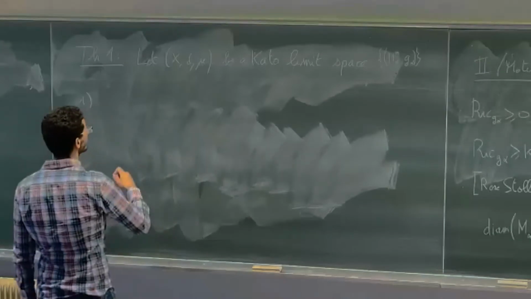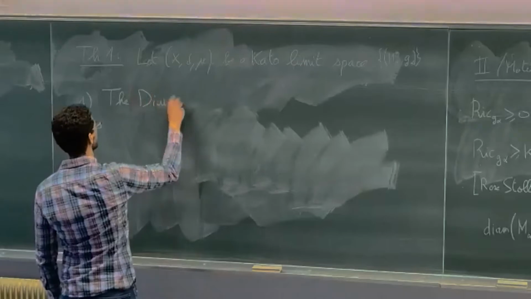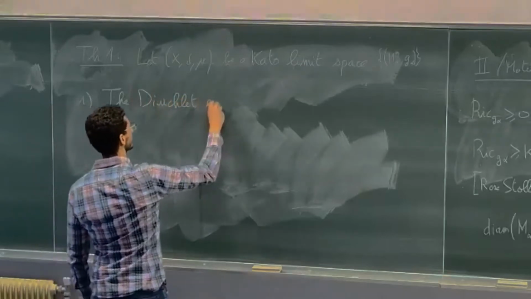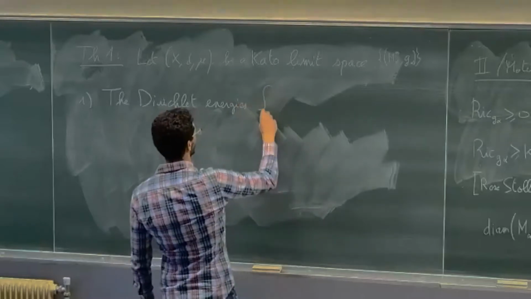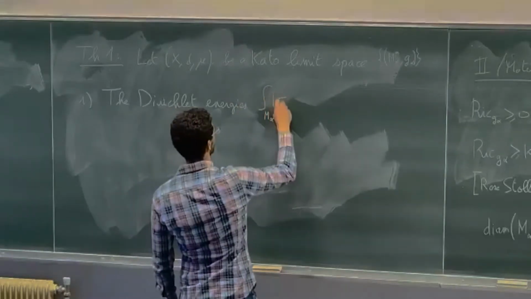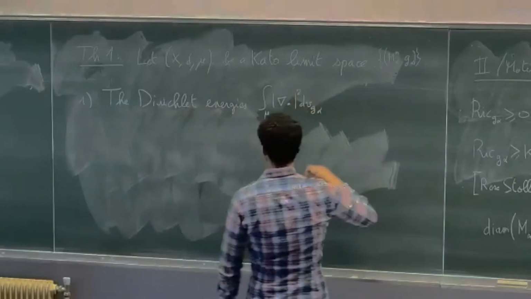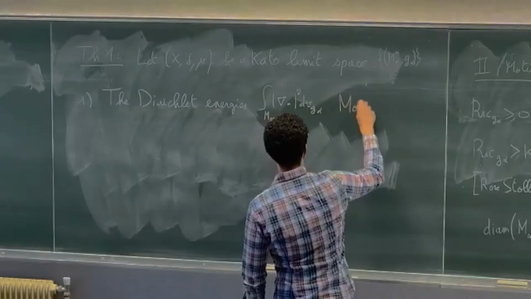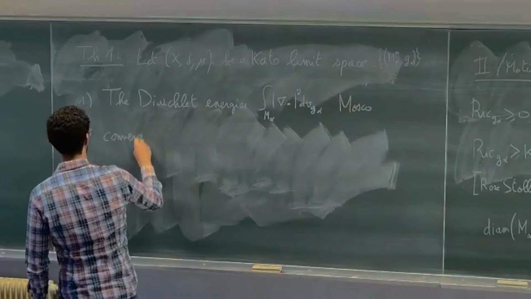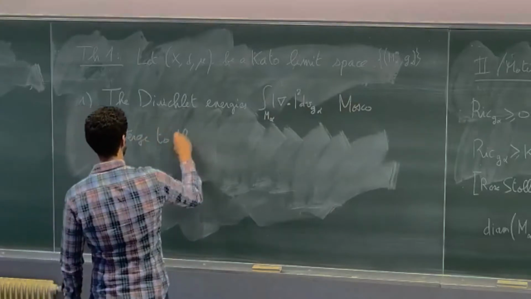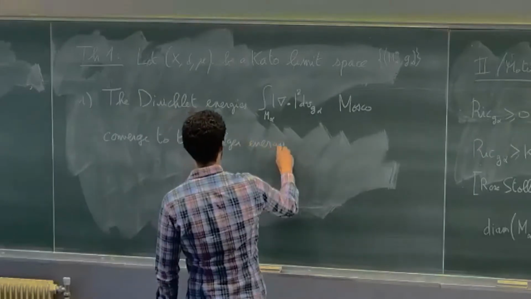So the Dirichlet energies Moscow converge to the Cheeger energy of the Kato-limit.